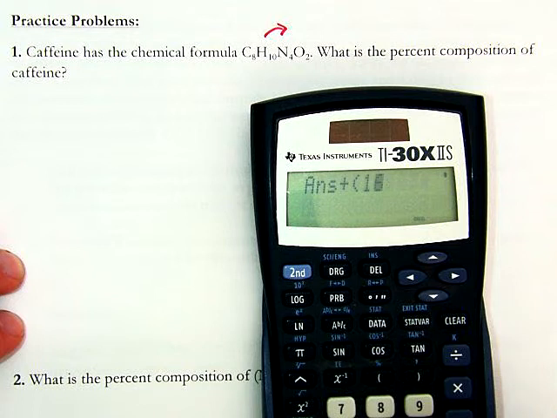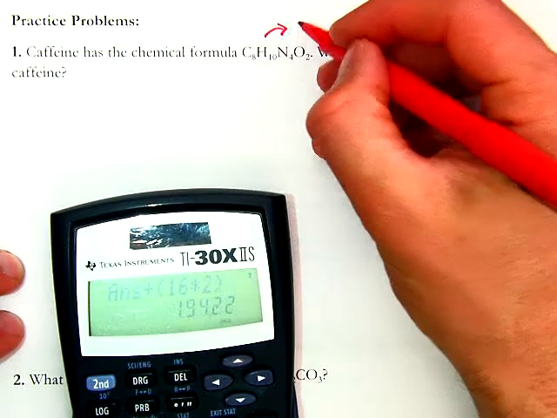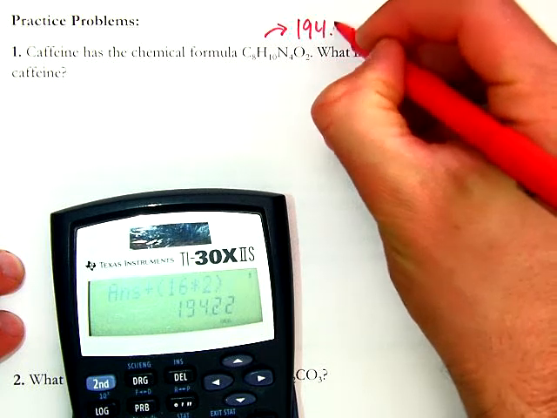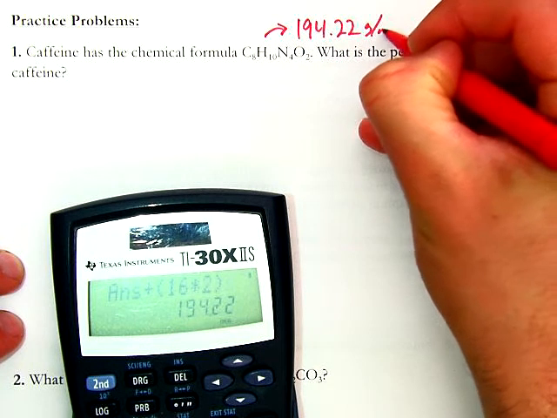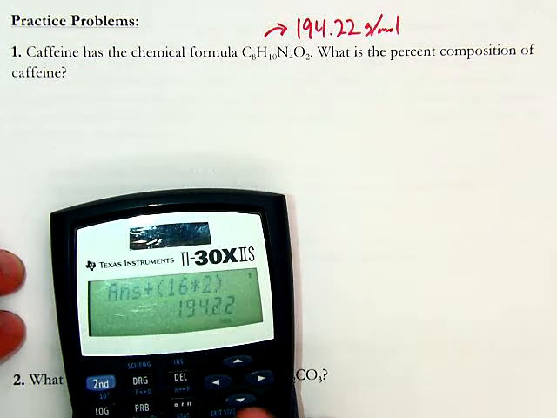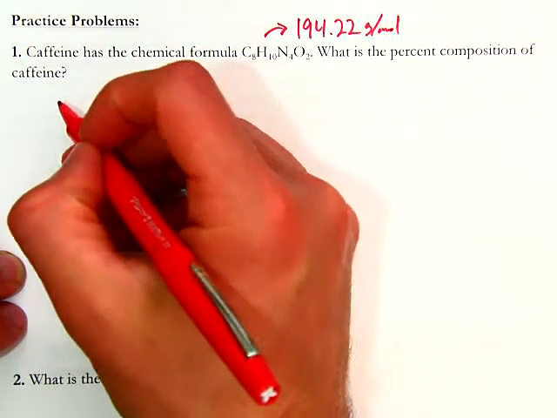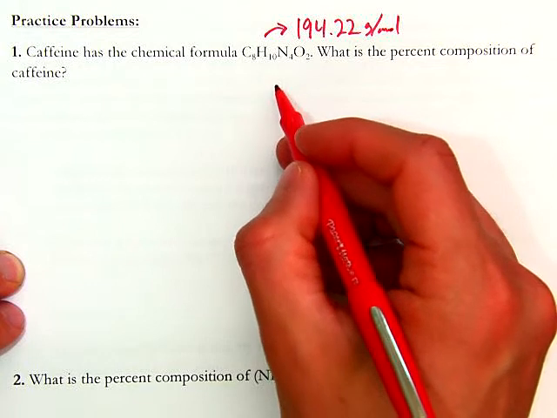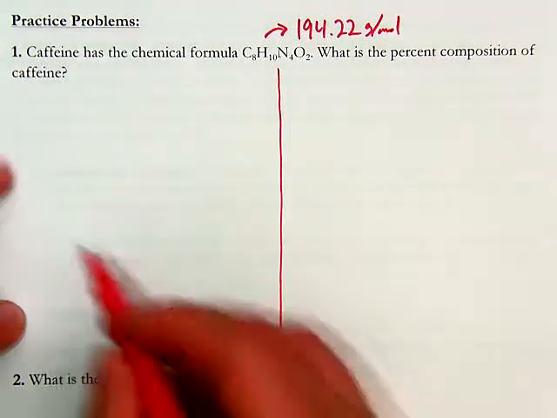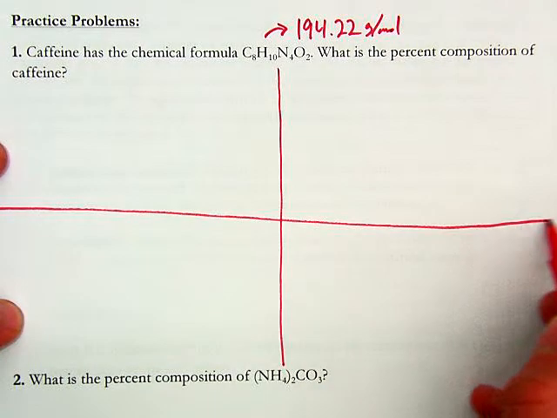Oxygen is 16, and we have 2 of them. So the molar mass is 194.22 grams per mole. This is our molar mass of caffeine. So now we're going to break down each element, okay? And maybe I'll just do this as a grid because we're going to have 4 things.